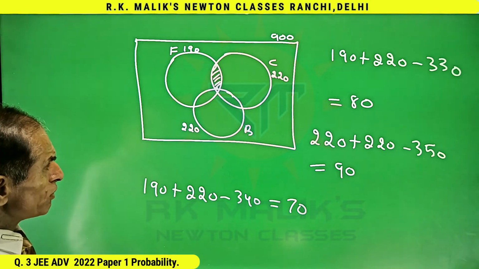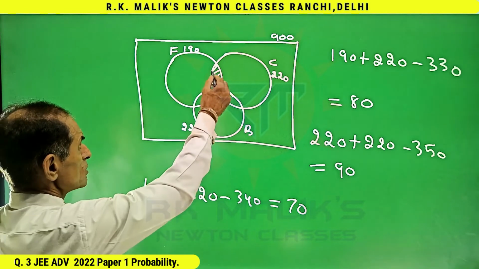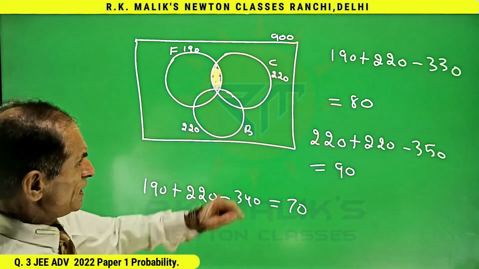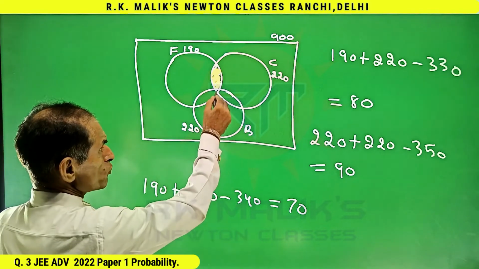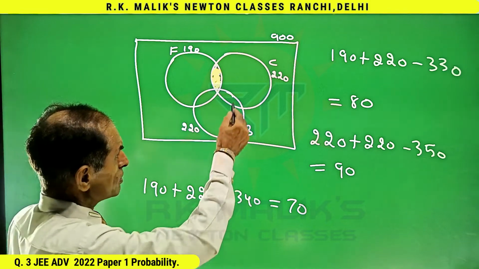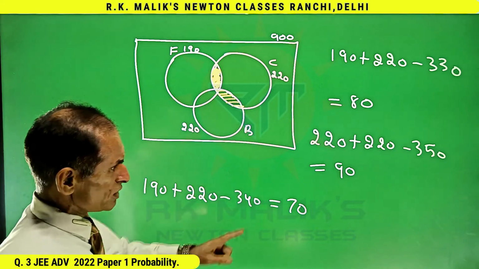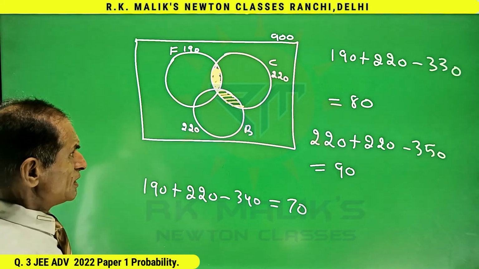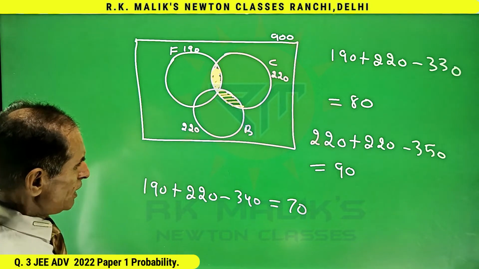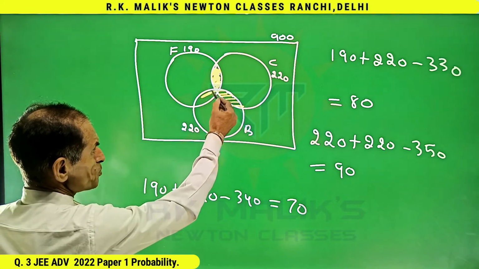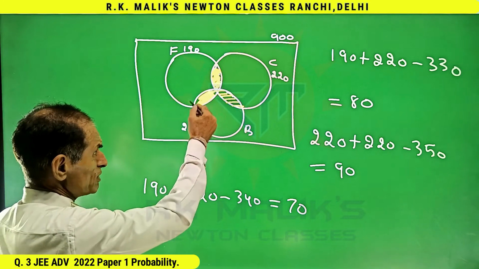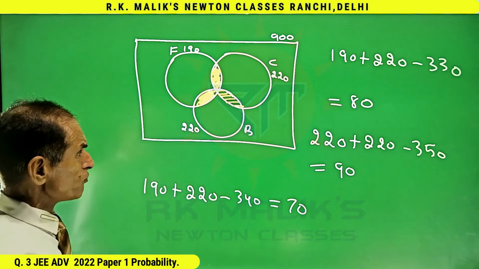So far you have got the information that this part contains 80 elements, including the portion of all the three also, this part contains 90 elements, including the common portion of all the three also, and this part contains 70 elements, which also includes the common part of all the three.